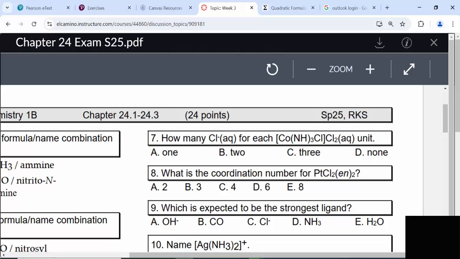So if it were 2 plus, ammonia is neutral. Actually, this is a typo. Sorry about that. This is not NH. It's supposed to be NH3. I think I screwed this up when I copied this. Let me fix this. Now I realize why it came out weird.